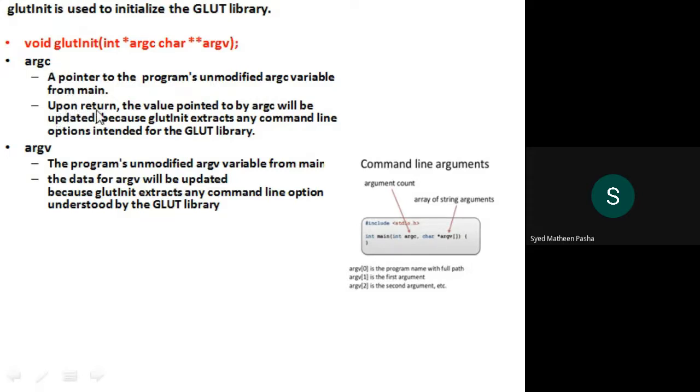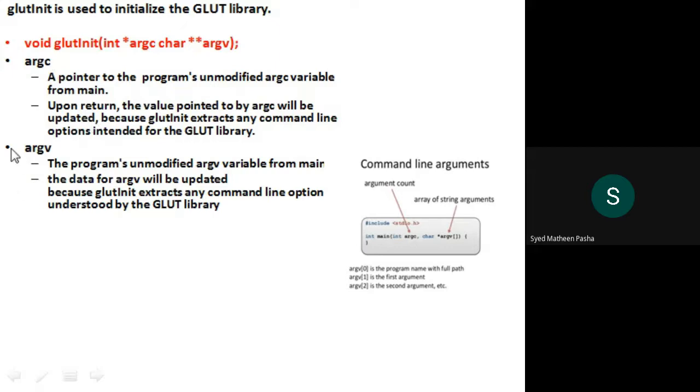So once it returns something, the value pointed to by argc will be updated. That is, wherever you can see the star pointer here, this points to a variable, right? It keeps on increasing once the argument count value is written. Then it extracts command line options intended for the GLUT library. That is, some options are being extracted with the help of the argument count, which can be used in the GLUT library.